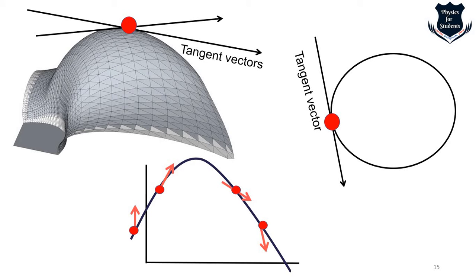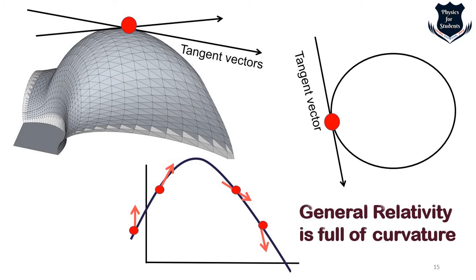Even if we get this kind of curve, 1 2 3 4, we get all those tangent vectors. It is tangent to a curve or a surface at a given point, and because it is curved, we are using this. The general theory of relativity is full of curvature, right? So you understand, in order to calculate the curvature, in order to go forward for further calculations, we need tangent vectors, and that is why we are using this.